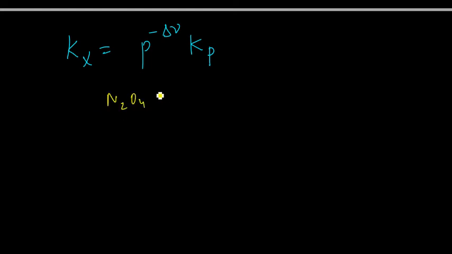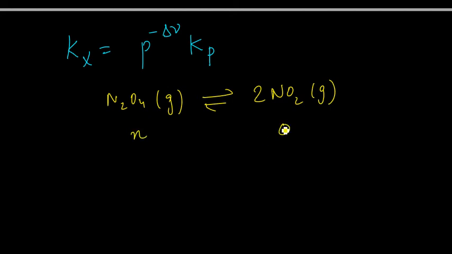N2O4 gas in equilibrium with 2 moles of NO2 gas. To start with, I have n moles here, nothing over here, and at equilibrium I have n minus x moles of N2O4 and 2x moles of NO2.